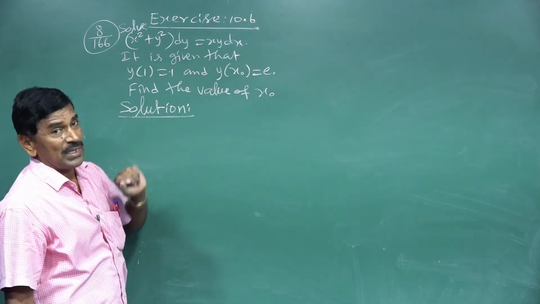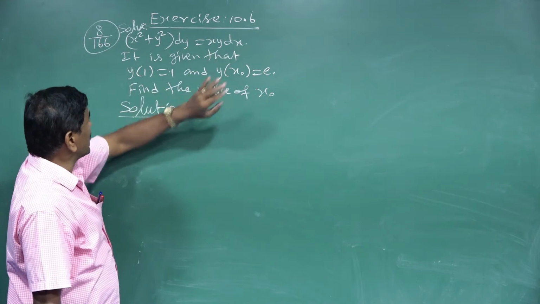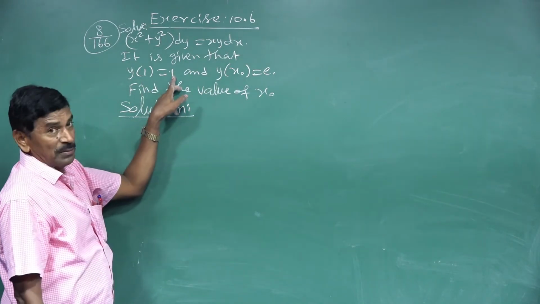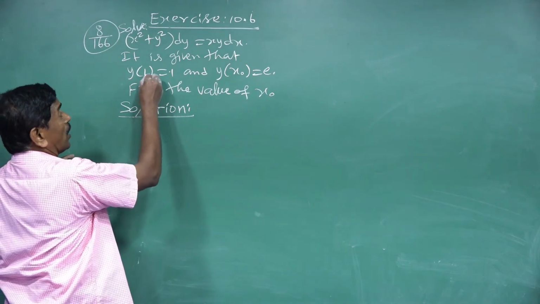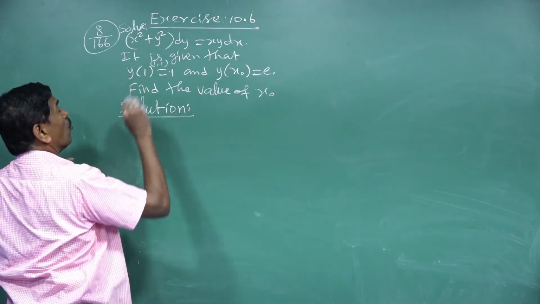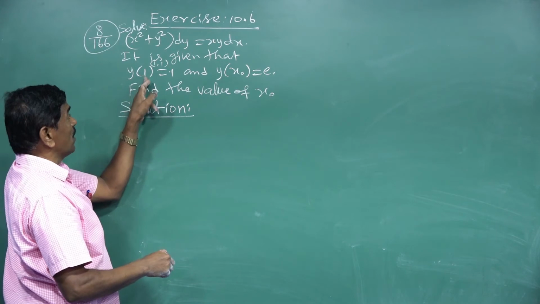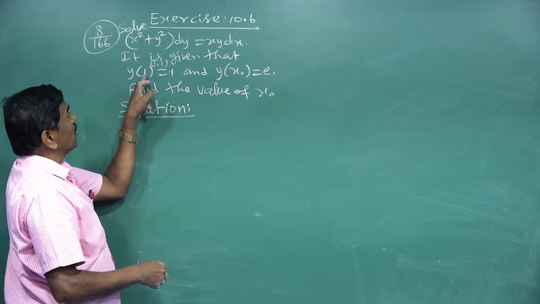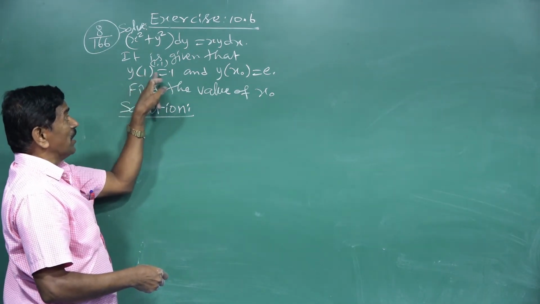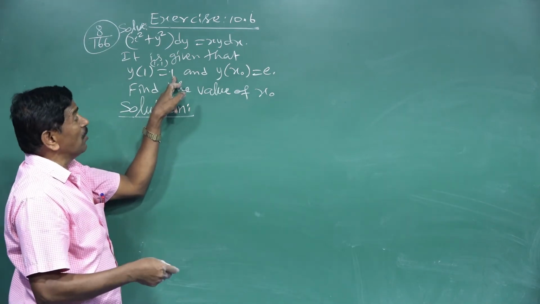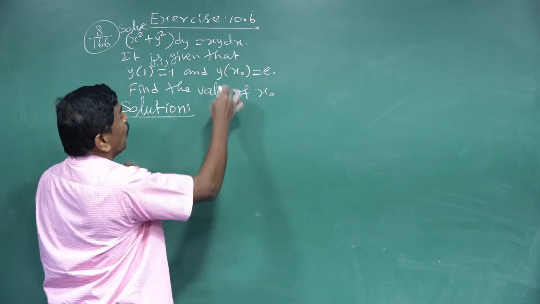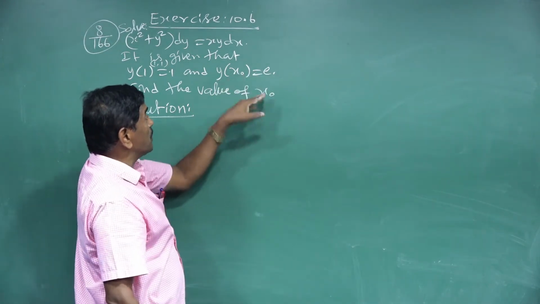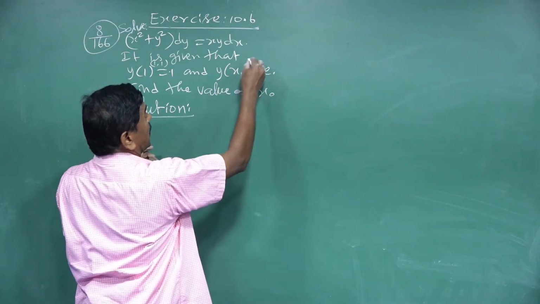Come to the condition. It is given that y of 1 is equal to 1. See, y of 1 equal to 1 means 1 comma 1 is a point, where y is a function of x; the 1 is the x variable and the answer is the y coordinate. Therefore 1 comma 1 is a point. And y of x naught equal to e means x naught comma e is a point.